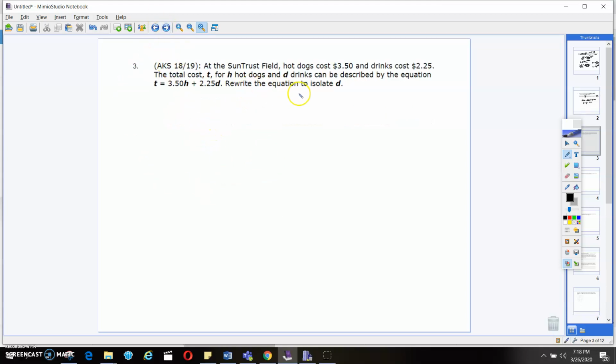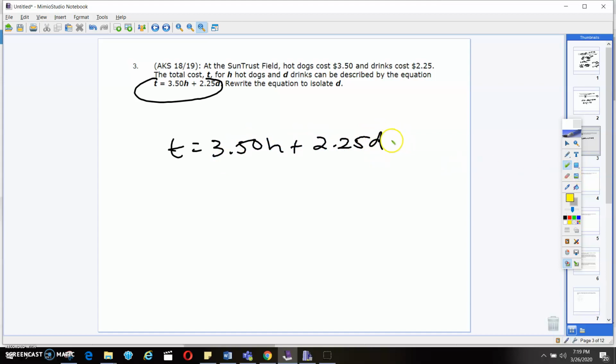Number 3, it says rewrite the equation to isolate D. Okay, so we're going to take this equation and rewrite it to isolate D. So we're trying to get D by itself. The first thing we want to do is subtract 3.5h from both sides. And that's going to give me T minus 3.5h equals 2.25D.